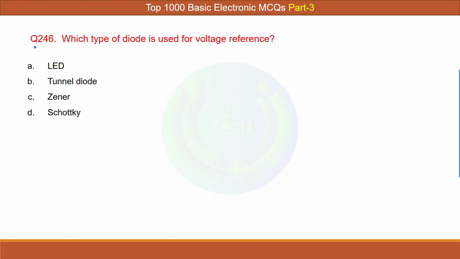Next question, question number 246. Which type of diode is used for voltage reference? Option A LED, option B tunnel diode, option C Zener, option D Schottky. The answer is option C Zener diode.